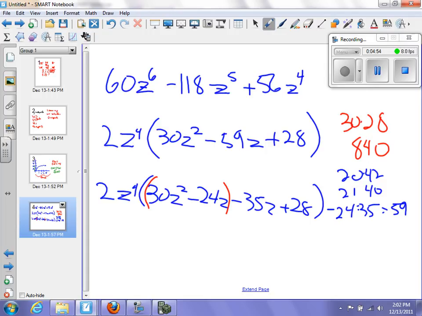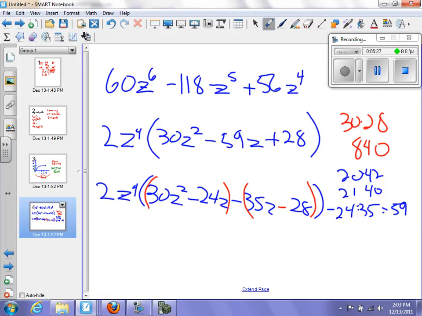And when I group this second part, remember I had plus 28, and my negative sign has to be allocated to both of these. So I need to change that plus 28 to a minus, because I grouped it. Does that make sense to everybody? You see why I had to do that?